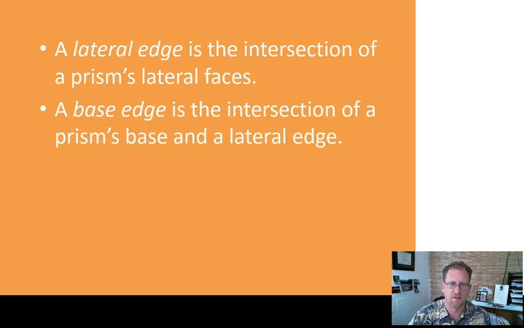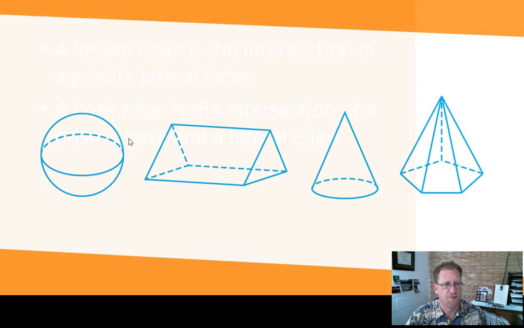Let me show you some pictures. It'll be a lot easier there. Okay, here we go, pictures. This is a sphere. A sphere has no edges. Enough said. This is a prism, and we'll define these a little bit more carefully as we go forward, but a prism has two bases, two repeated shapes. This triangle is just like this triangle. And then it's joined by a set of rectangles that take a line from the triangle and turn it into a three-dimensional object by lining up with another triangle, right?